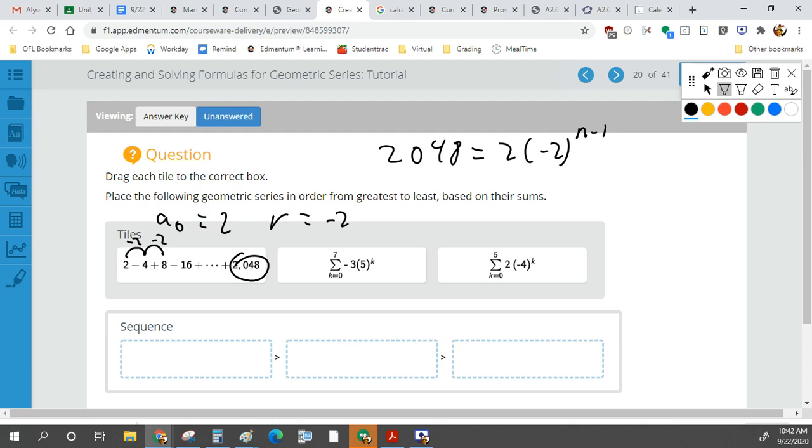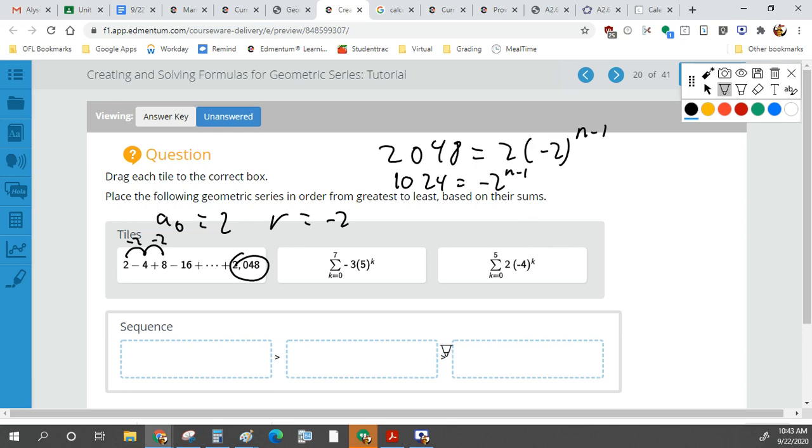So in order to make this a little easier, I'm going to divide everything by 2, giving 2 to the n minus 1 power. Well, here's what I can do now. I can keep dividing by negative 2 until eventually I get a number, or I get down to 1. If I get down to 1, I divided too far.